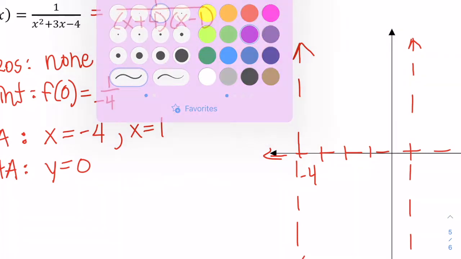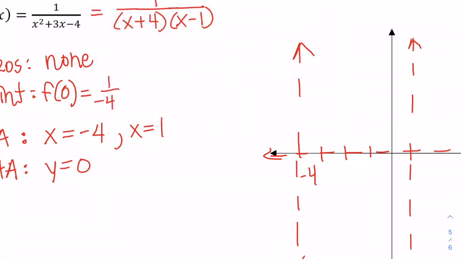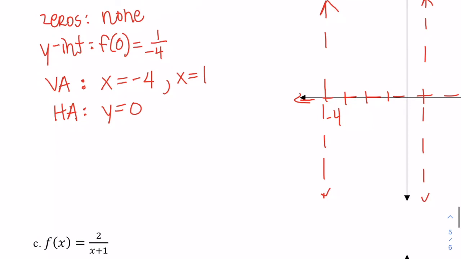Now, when we're graphing it, we want to make sure we graph some points. So I'm just going to make sure I graph points beyond and in between the vertical asymptotes. So I'm going to try negative 5. I'll try negative 1. Let's see, that should be good.